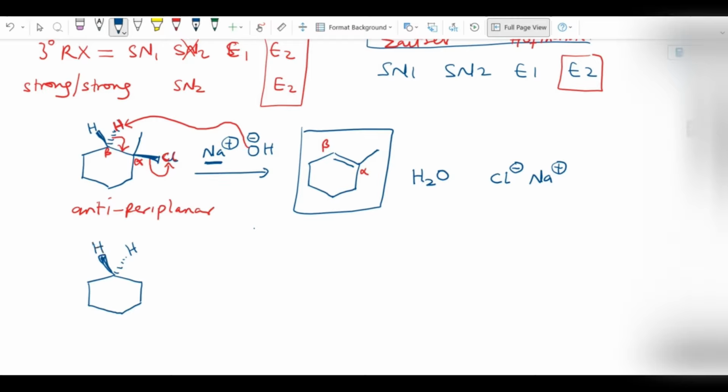Again, we don't have to show stereochemistry. I'm not actually interested in this. We don't have to show the stereochemistry of these hydrogens. This methyl group should have a dash bond. If we must place the Cl on a wedge, then the methyl group should be on a dash bond.